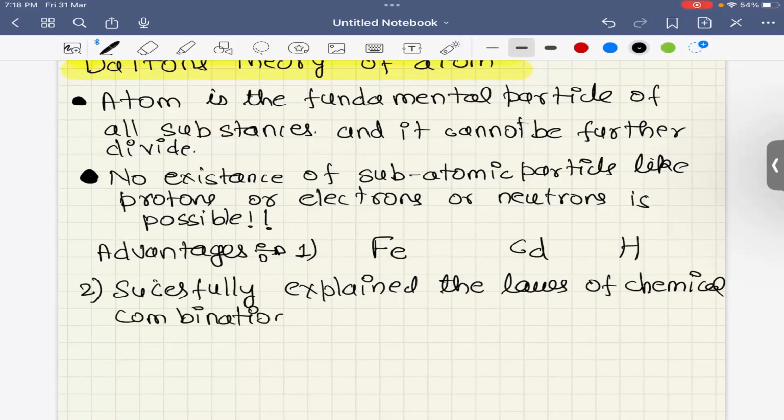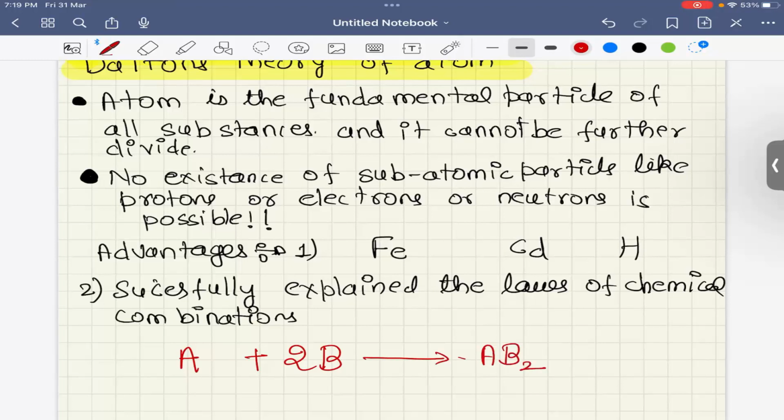For example, let's say we have an atom type A combining with two atoms of atom type B, resulting in the formation of, let's say, AB2.